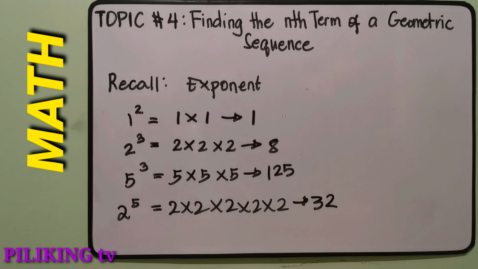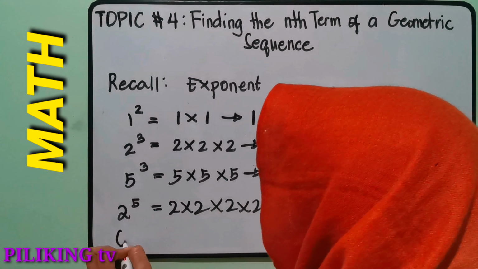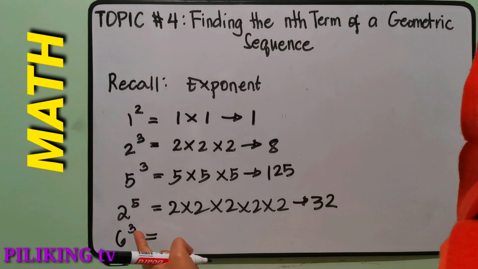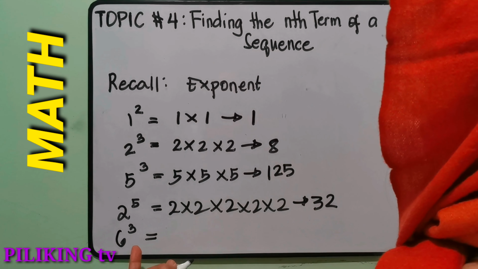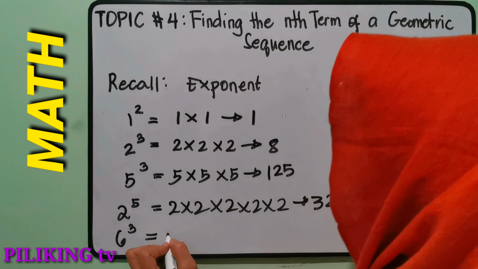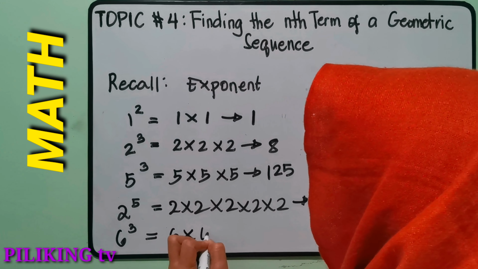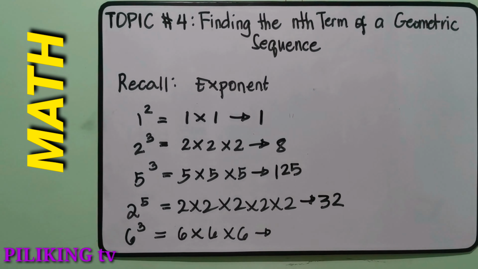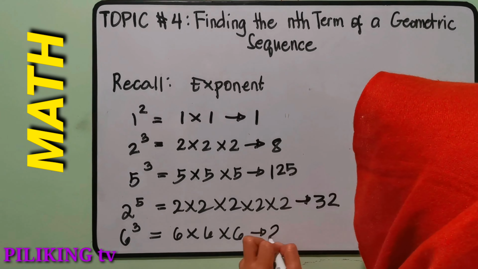And for our last example, we have 6 raised to 3. The exponent is 3 and the base is 6. So you have to multiply 6 three times. So 6 times 6 times 6 is equivalent to 216.